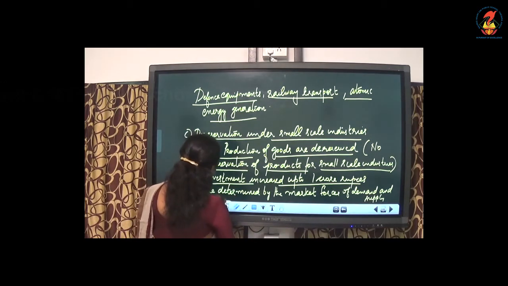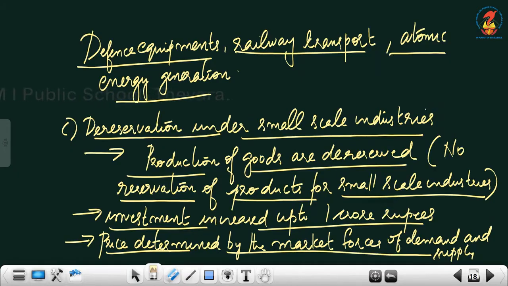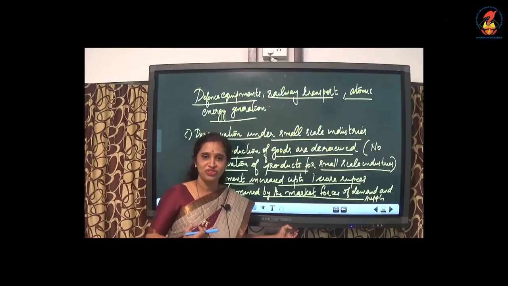Now, next one is price determined by the market forces of demand and supply. Whatever is produced by the industries, goods and services produced by the industries, its price is determined by the market forces of demand and supply. You know that very well. It is not determined by the government. Government doesn't have any role to fix that.